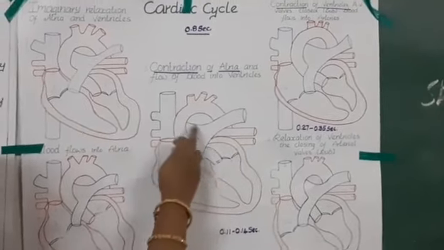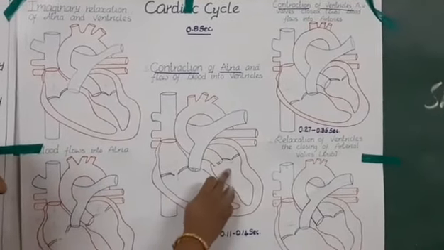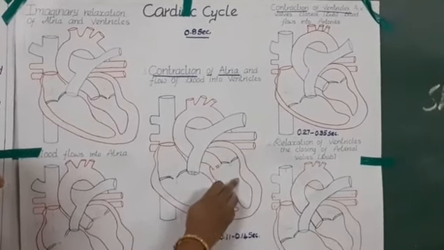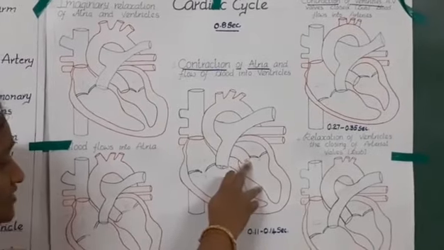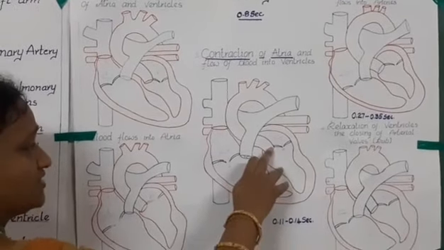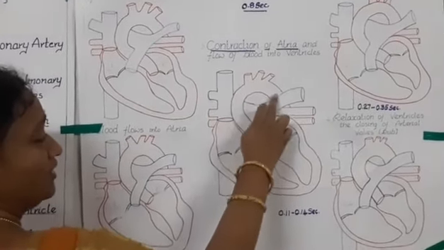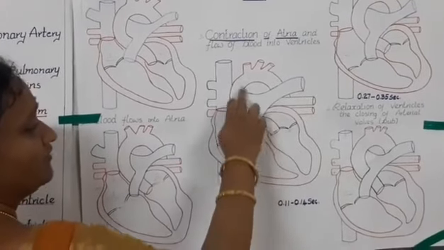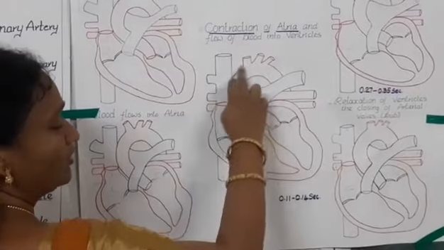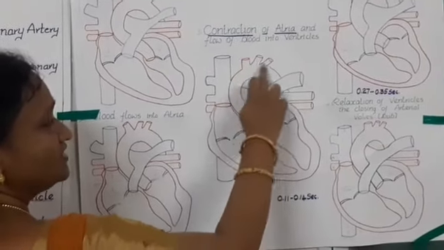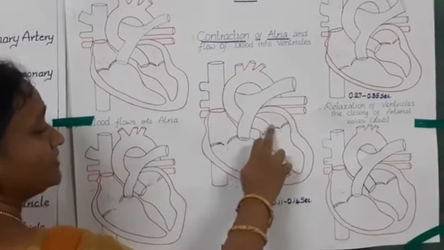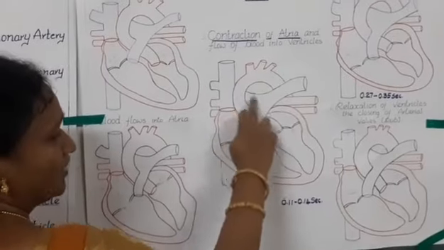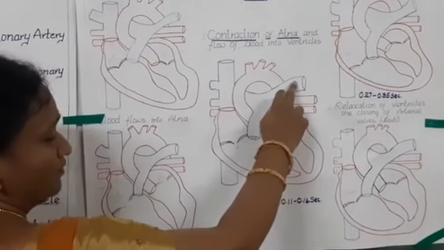And from the left ventricle, the oxygenated blood goes to the systemic valve. From the systemic valve, it goes to the systemic artery or systemic aorta, the largest blood vessel, which supplies blood to all the body parts. The largest artery in the body is the systemic aorta. The smallest artery is the pulmonary artery.